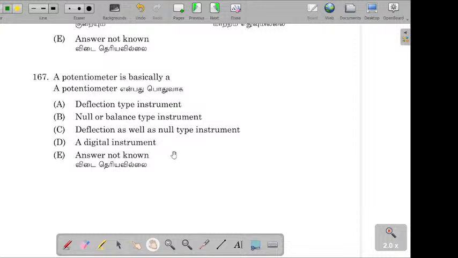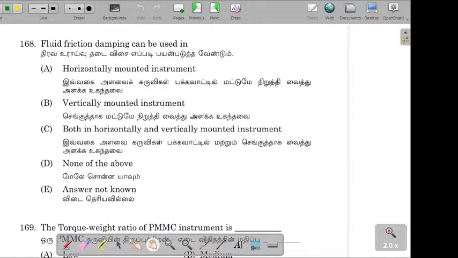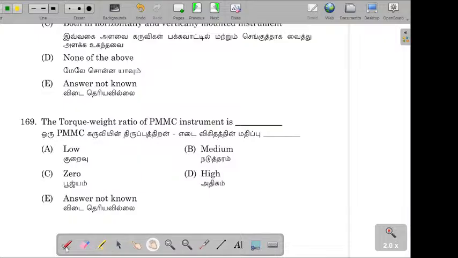A potentiometer is basically a null or balance type instrument. Next, fluid friction damping can be used in vertically mounted instrument. The torque weight ratio of PMMC instrument is high.